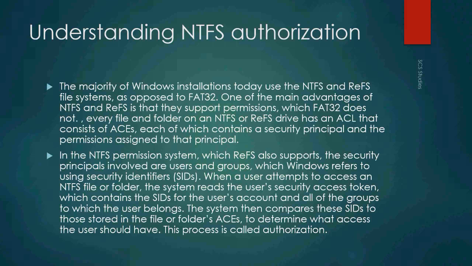Based on those SIDs, they will be compared with the ACEs to see whether the user has permissions or not, and if they have permission, what kind of permission, whether it is read, read and write, modify, delete, whatever.